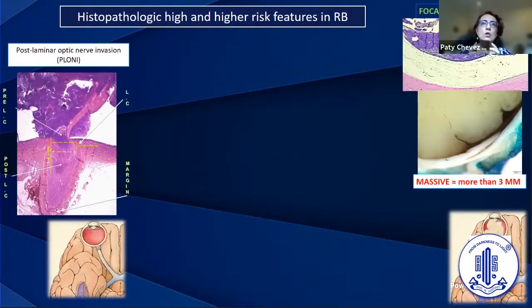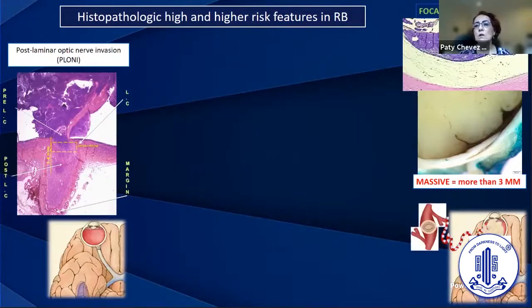You are not curing these patients by taking the eye that has choroidal retinoblastoma invasion or postlaminar optic nerve invasion. What you are doing is, of course, stopping the tumor from growing, but also, at the time of our interpretation, predicting which patients may be at higher risk of CNS involvement or choroidal involvement.